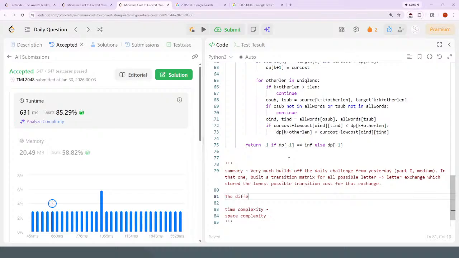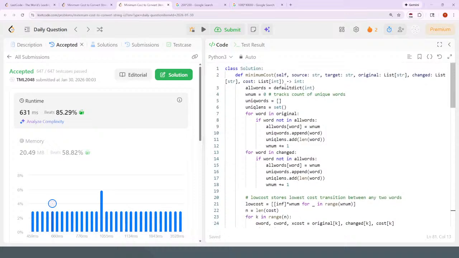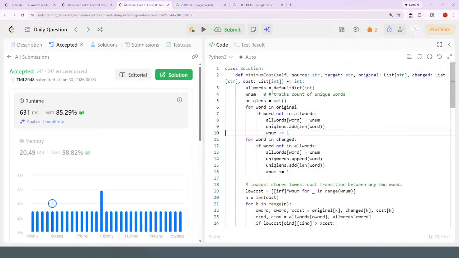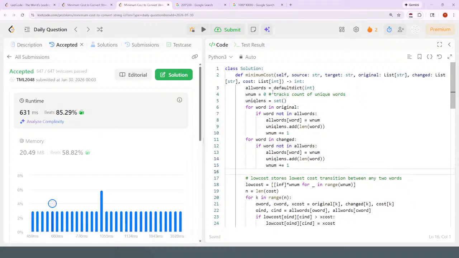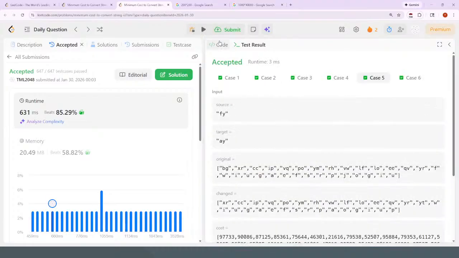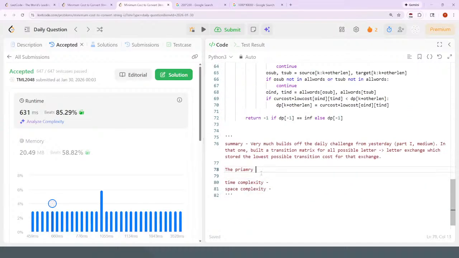The primary difference is, actually I need to clean up some stuff here. I never use unique words. I did use unique lengths. I think that is correct. Alright, the primary differences here.